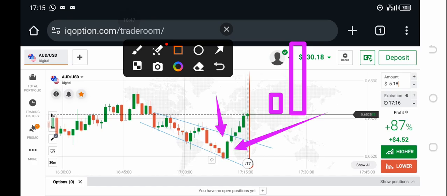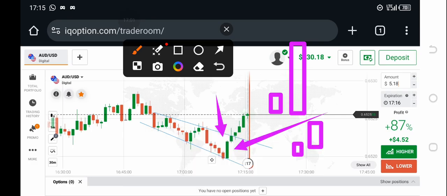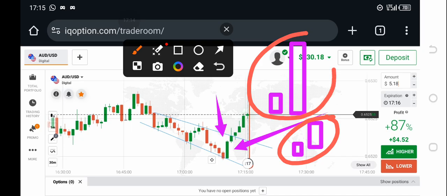It's too long. If the candle had appeared like this, it's also an engulfing candle, I would have opened a position on the next trade. But because the candle appeared like this, it is too strong, because this is a small channel, not a wide channel.